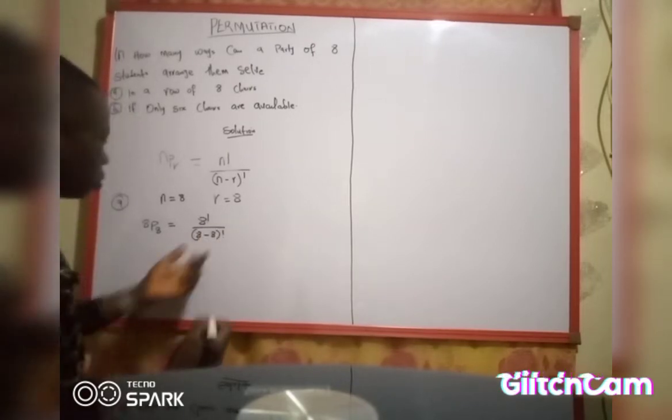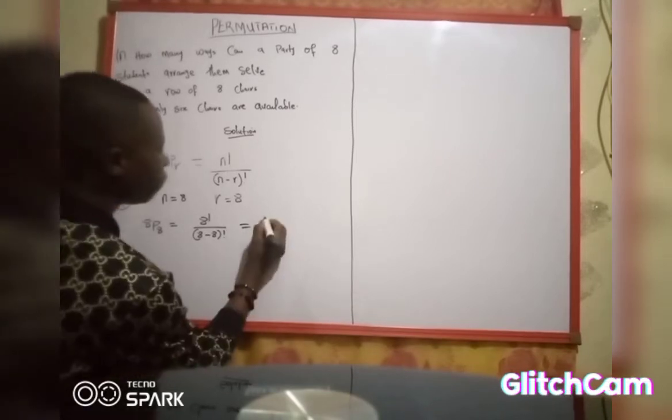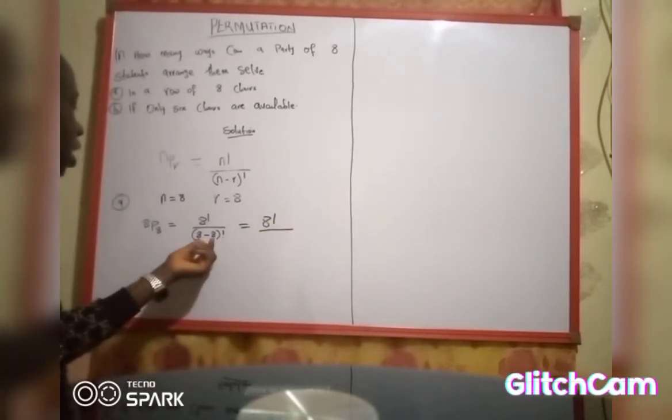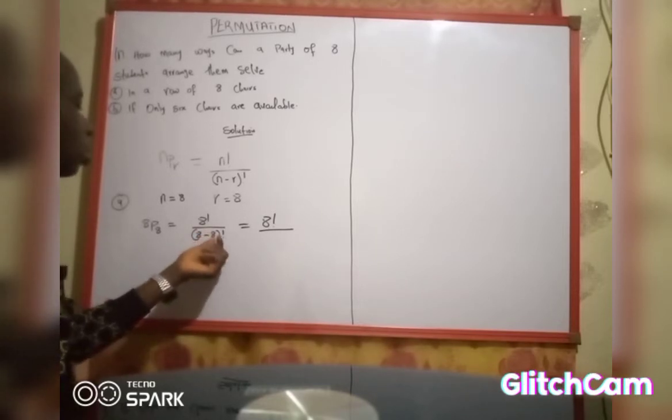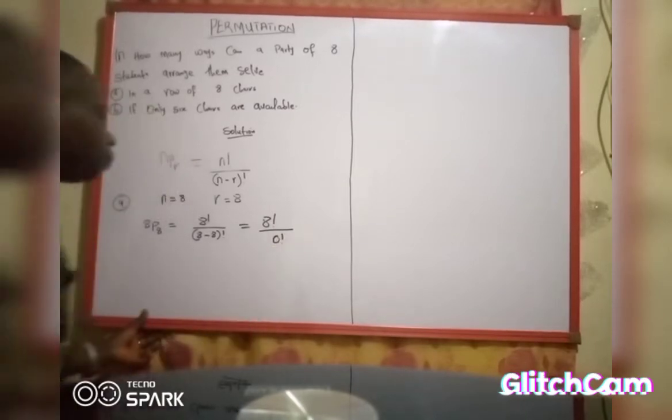We can still reduce this equation. We have 8 factorial, then we simplify inside the bracket, 8 minus 8, which is equal to 0 factorial.